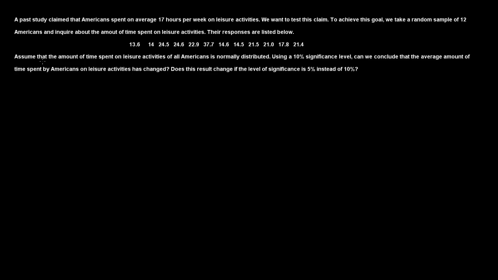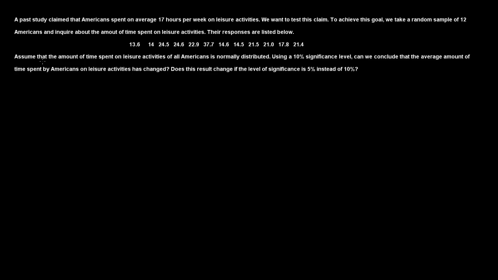So the general idea of hypothesis testing is not any different than the previous tutorial, when we did hypothesis testing and knew sigma. The difference is right now we don't know sigma, so we're going to have to estimate sigma using the sample standard deviation.